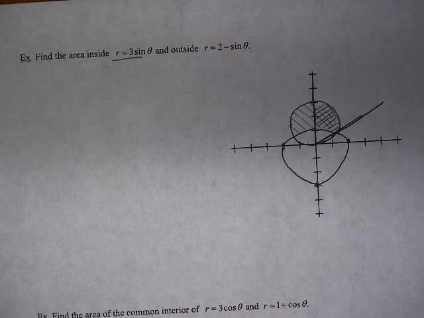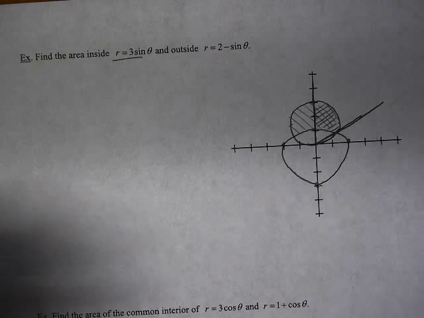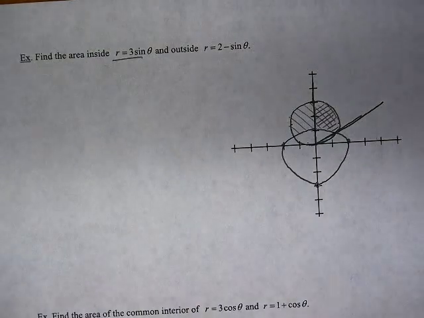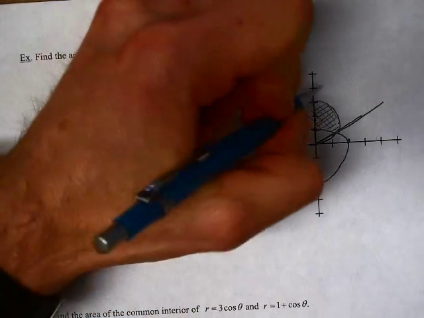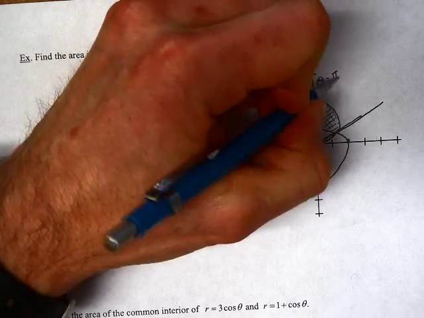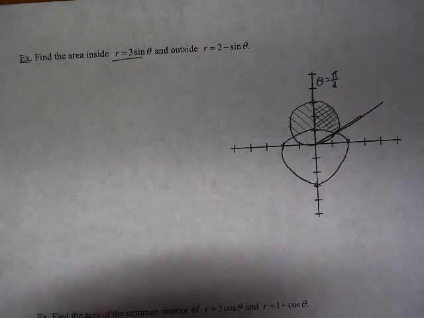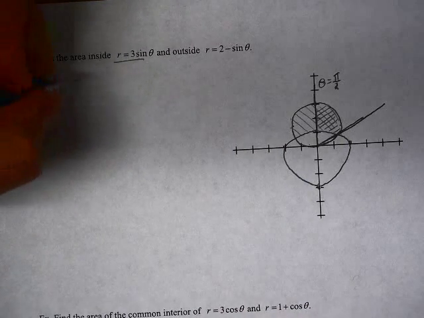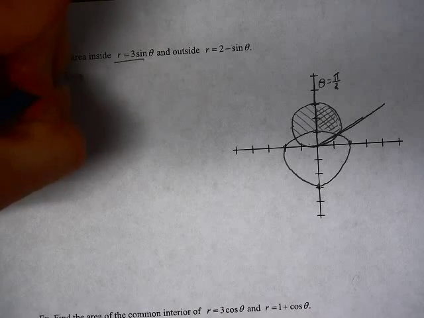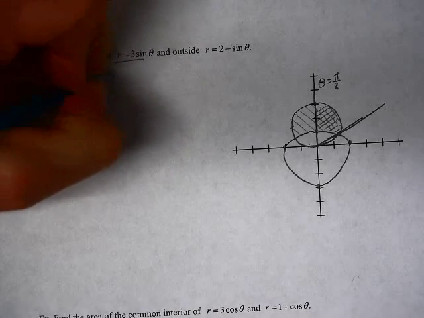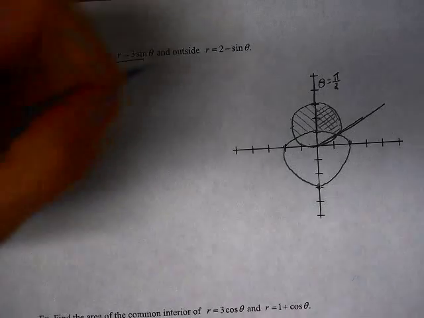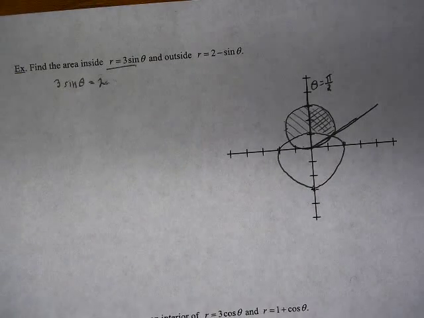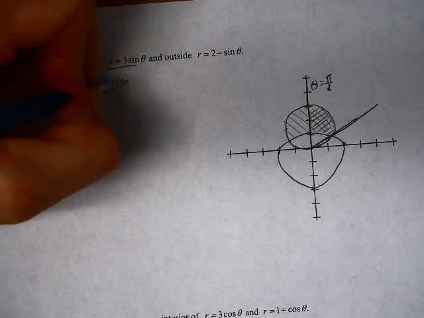Alright, I'm going to use those two landmarks, and I have to find first what this angular measurement is. I know this is theta equals pi over 2. I have to find out what this angular measurement is where these two shapes intersect. To do that, I'm going to set them equal to each other. So I have 3 sine theta equals 2 minus sine theta.